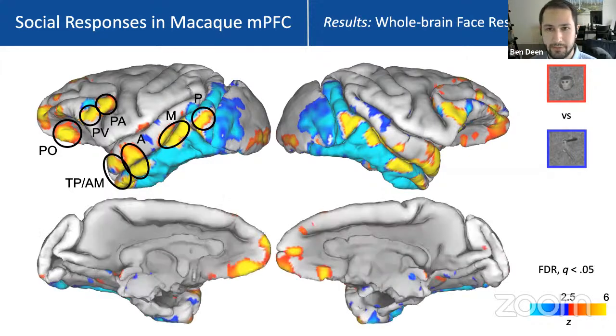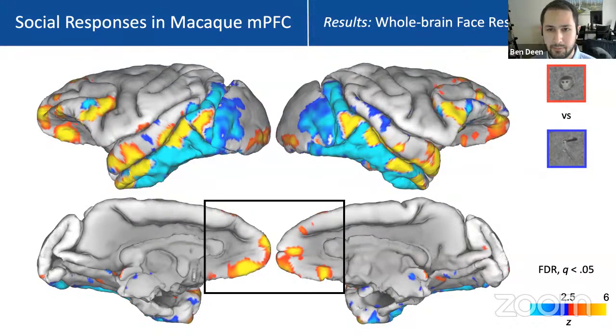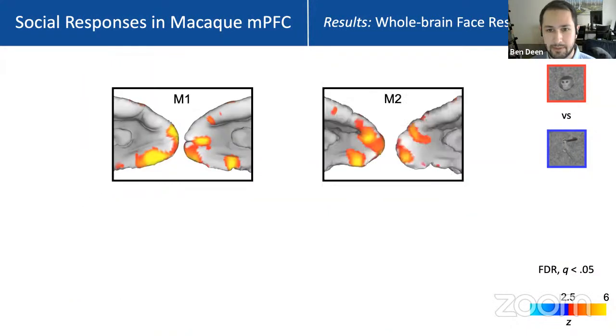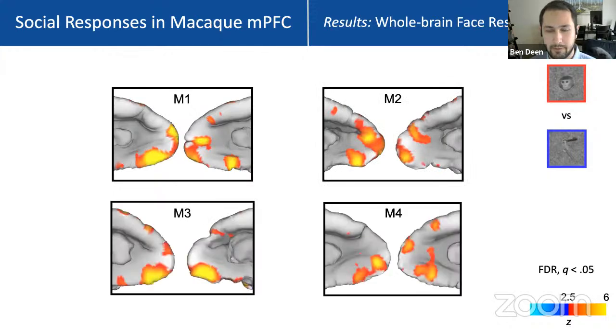When we look on the medial surface, we also see a set of regions within medial prefrontal cortex that respond to faces over objects. And we see what looks like an alternation of face-preferring and non-preferring domains of frontal cortex along a dorsal to ventral axis. So this is in one monkey. If I zoom in on the MPFC and look at results in the other animals, we see a consistent result in the second animal, the third animal, and the fourth animal that we scanned.